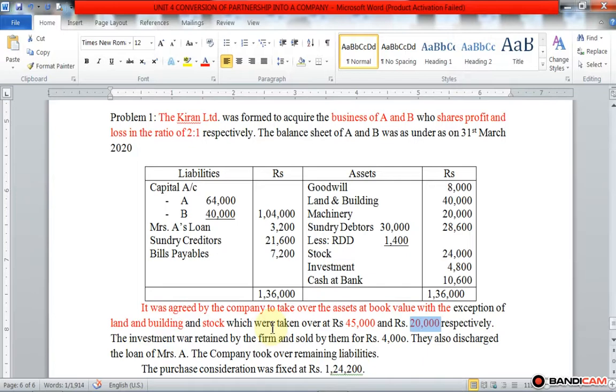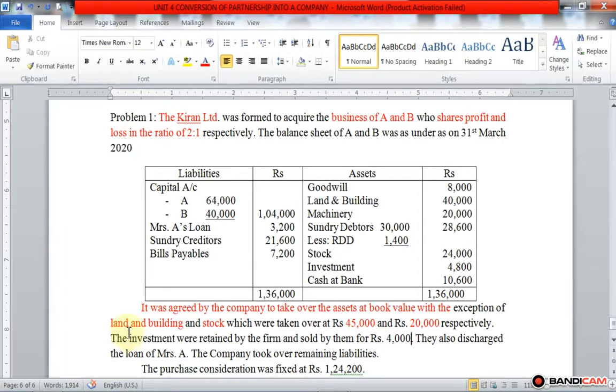The investments were retained by the firm and sold by them for rupees 4,000. It means the investment is not taken over by the company; the investment is with the partnership firm, and the firm sold the investment for rupees 4,000.